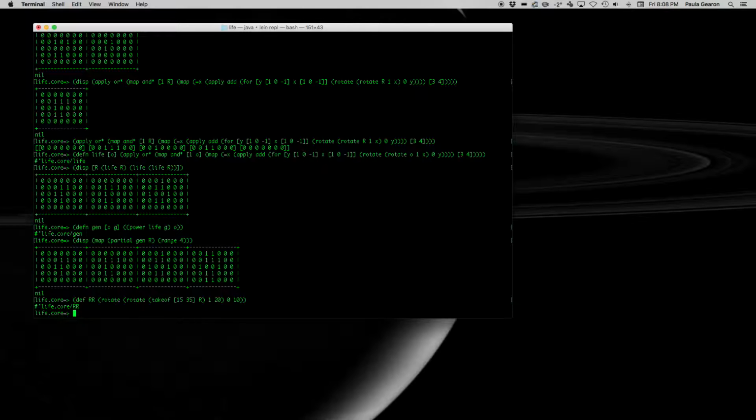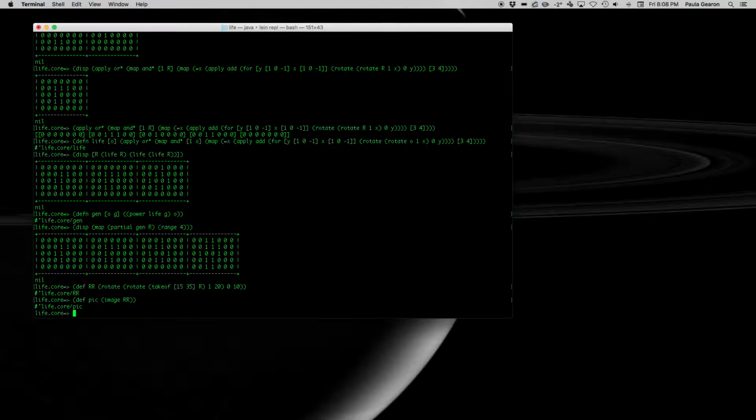It's easier to see this if it is plotted as an image. So we make a picture with squares corresponding to the zeros and ones in RR. Open a display window for this so that it can be seen, and show the pic.